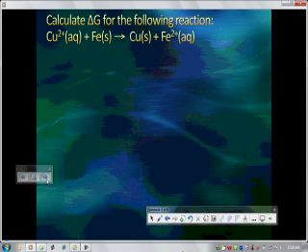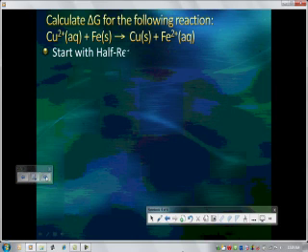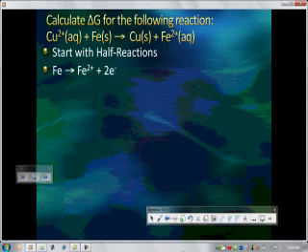So we're going to calculate the Gibbs free energy for the reaction of copper 2 with iron. We start with half reactions. First of all, iron is going to ionize into iron 2. There are 2 oxidation states for iron, so make sure you pick the one that's the 2+. Copper 2 is going to go to regular copper.